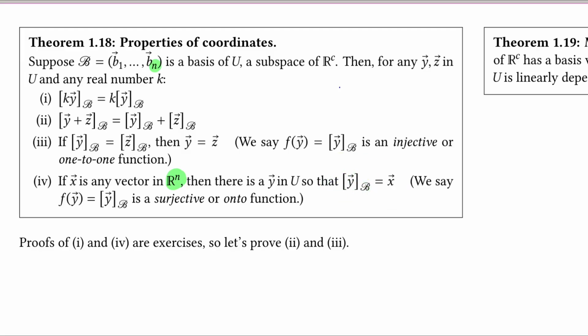At least the number of entries is right. But what this says is there is a y in U so that the B coordinates of y is the vector x. And that means that f of y equals the B coordinates of y is a surjective, aka onto, function.